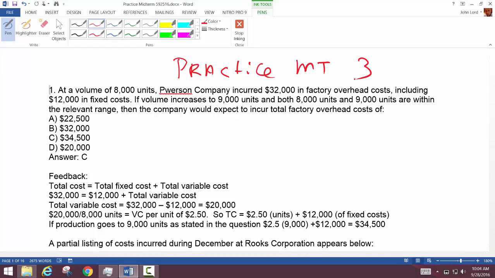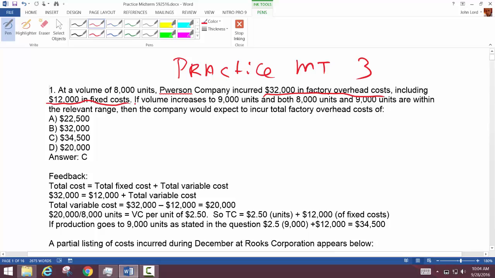Okay, and for this first one now, we've got this company, and they're telling us their total factory overhead is 32,000. They come right out and tell us that it includes fixed cost of $12,000.